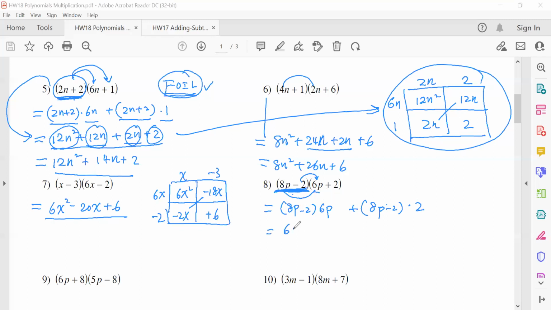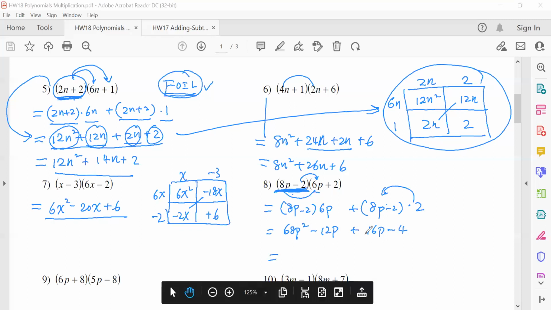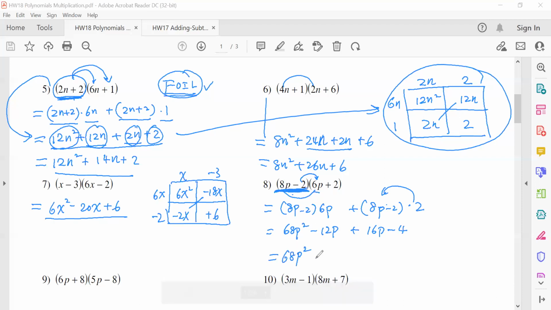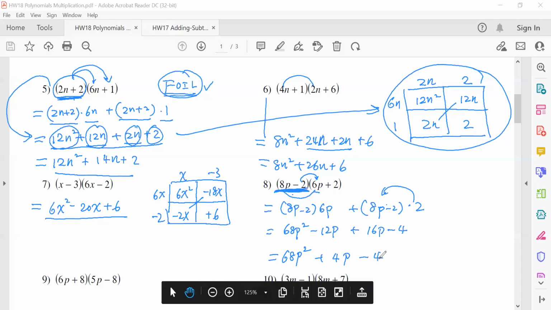So you get 8p squared minus 12p plus 16p, minus 4. And then combine like terms. That's why we need to spend some time combining like terms, because here we got plus 4p minus 4.